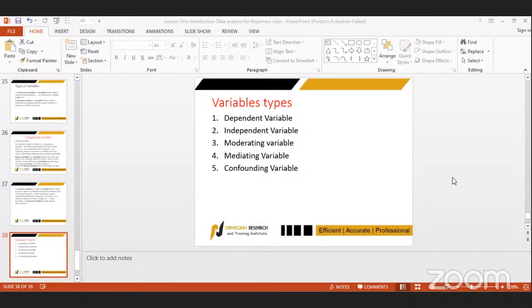If you have the sample frame, you can fit it there, because in that case the population is known. You fit it into the formula, and the calculator will generate the right sample size that you need to use.